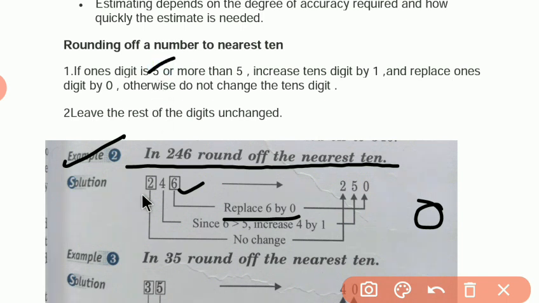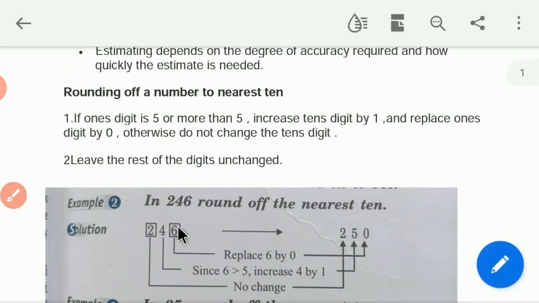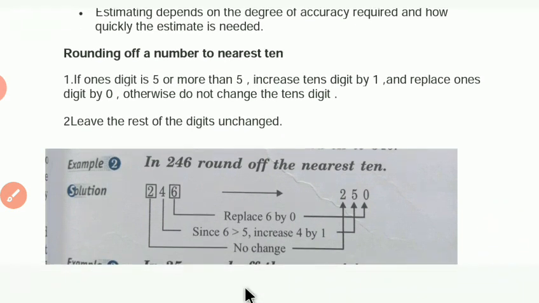Now you can see that 6 is greater than 5. If the number at the ones place is 5 or more than 5, then we have to increase the tens digit by 1. So in place of 6 you write 0, and since 6 is greater than 5, increase 4 by 1. So 4 plus 1 is 5, and 2 will remain as it is.